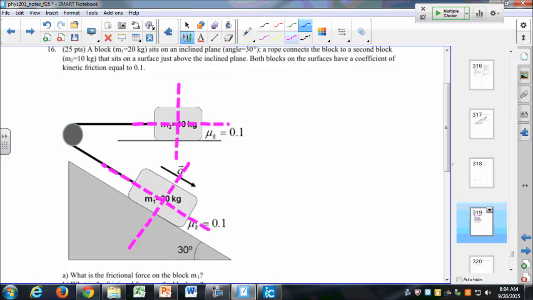You should be able to find the kinetic frictional force pretty easily. It's the acceleration that's the difficult part.